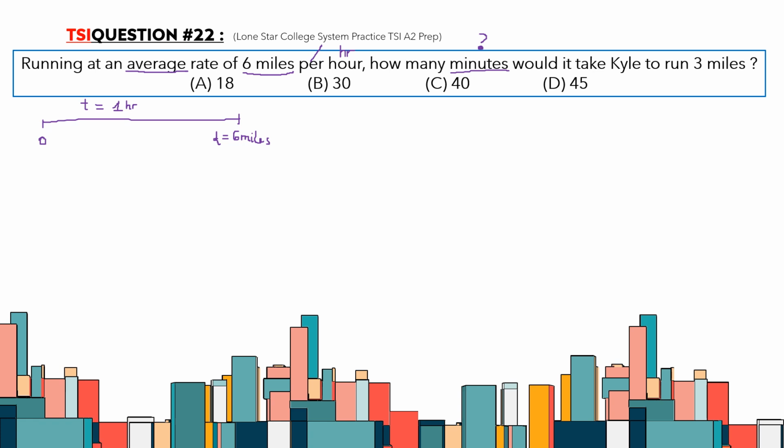Because at average, we assume that from 0 to 6 miles distance, Kyle will run the same velocity or the same speed, 6 miles per hour. At common sense, we say we only run half of the distance, 3 miles. So the time we use will be half of the time we use for run 6 miles. So 3 miles will spend 1.5 hours.